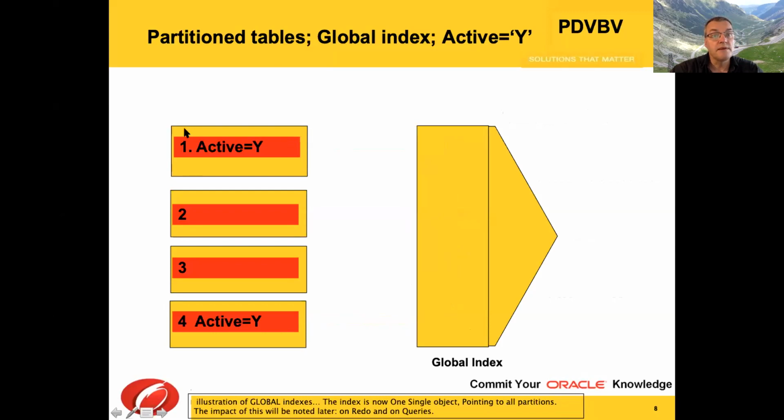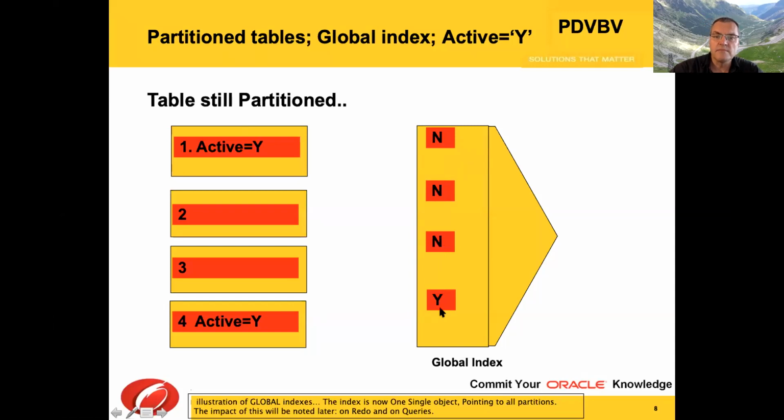If you have a partition table, in this case 4 partitions, with a global index, your table is still partitioned, your index is not. So you can have multiple partitions under the table, but the index is a single storage piece, a single segment in DBA words. And your entries, for example, you have a field called active, yes or no, and the no's are in the index, and somewhere at the bottom of the index are all the yes fields.